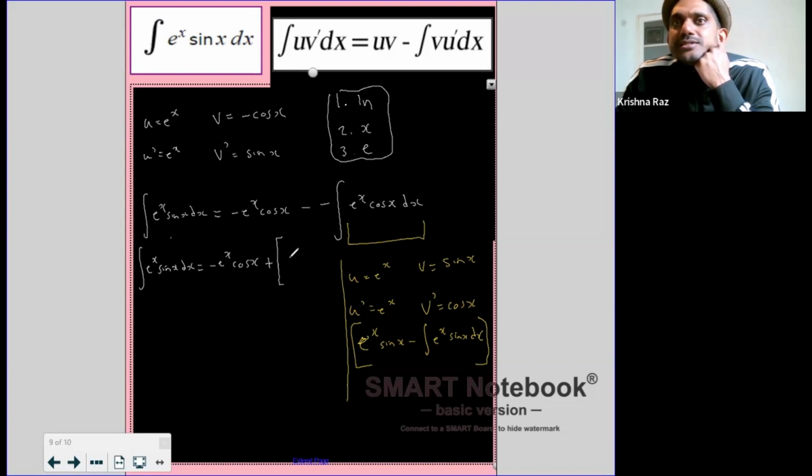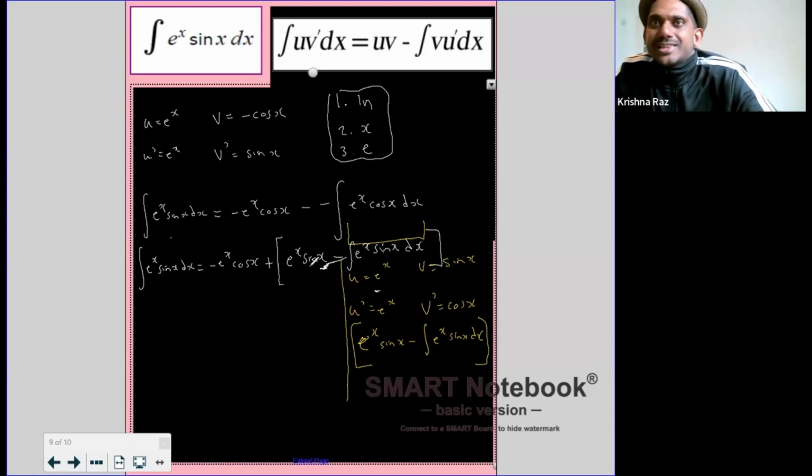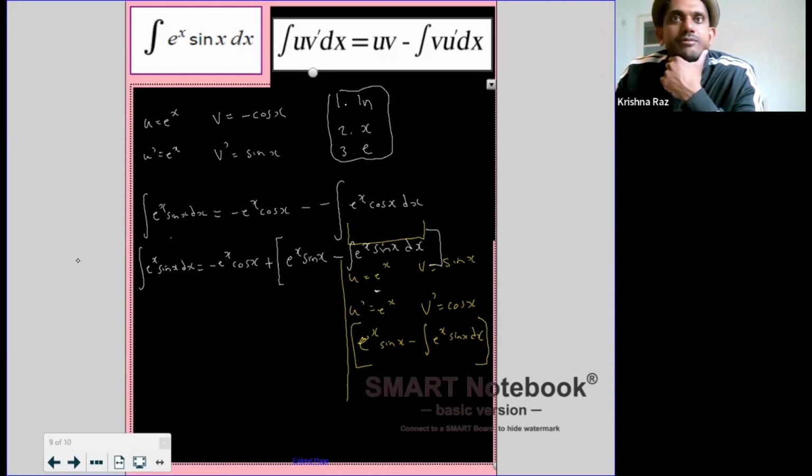So e to the x sine x minus the integral of e to the x sine x dx. So we can see there those square brackets aren't protecting us from anything, so we can essentially just remove them.